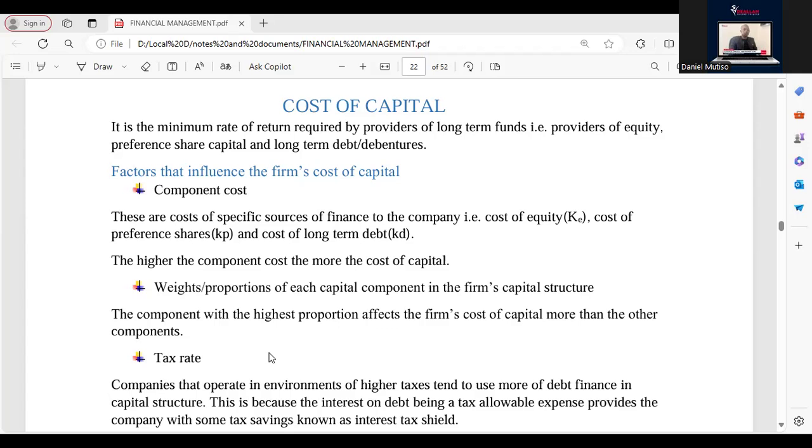At the advanced level, you will revisit this cost of capital under a topic called advanced financial decisions. It covers how organizations fund their projects, and we look at their existing capital structure.